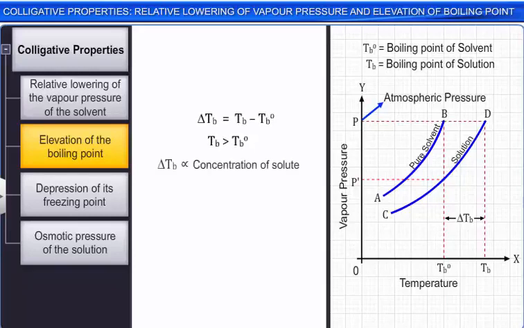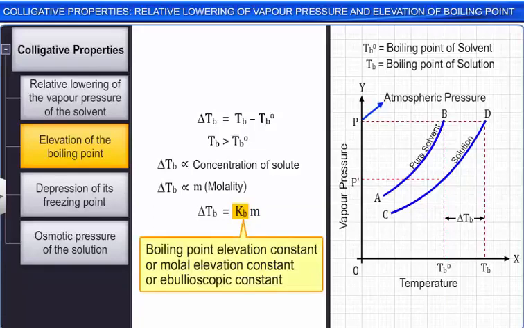The elevation of the boiling point depends upon the concentration of the solute in the solution and is directly proportional to molality m of the solute in the solution, or delta Tb is equal to Kb multiplied by m, where Kb is known as the boiling point elevation constant or molal elevation constant, or the ebulioscopic constant.